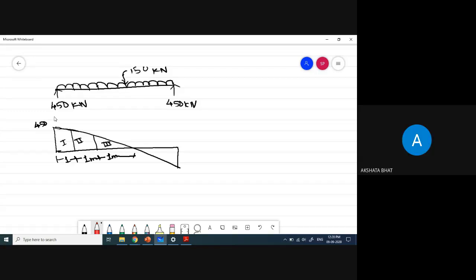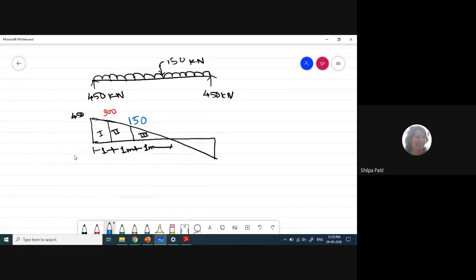Correct, it will be 450 minus 150 into 1, which is 300. Similarly, what is the shear force at zone 3? 150. So at zone 3, the value of shear force is 150. Now, let us consider the design of zone 2.